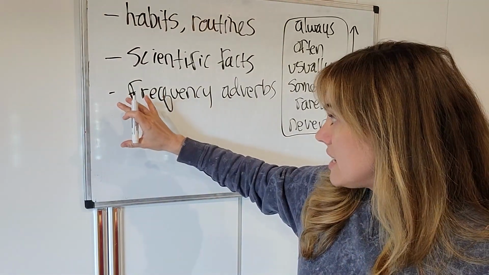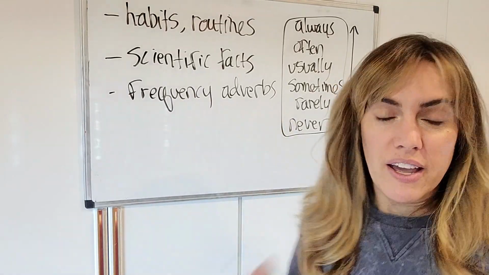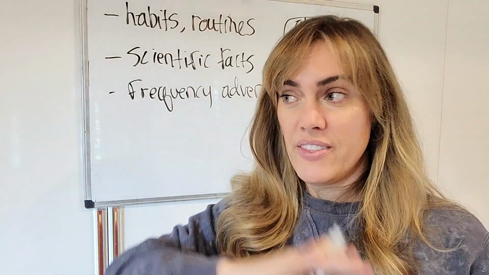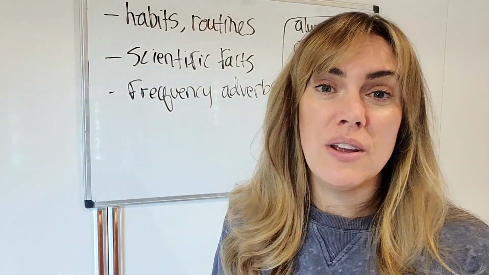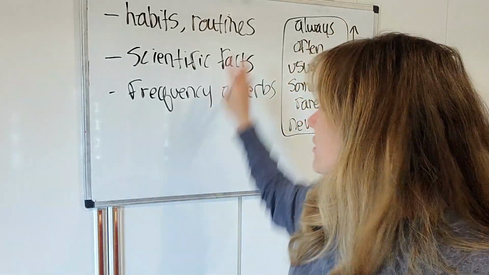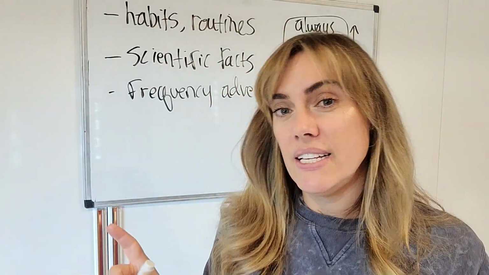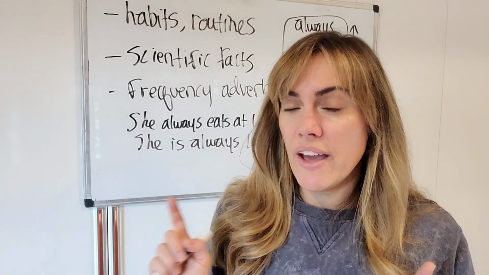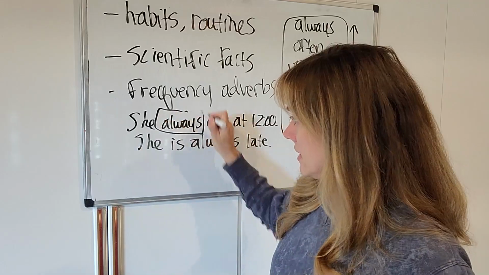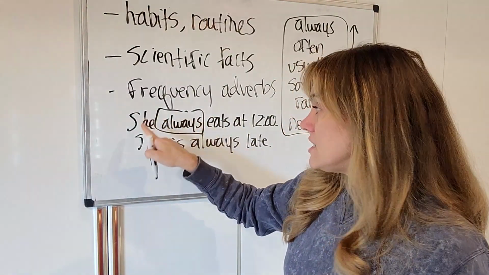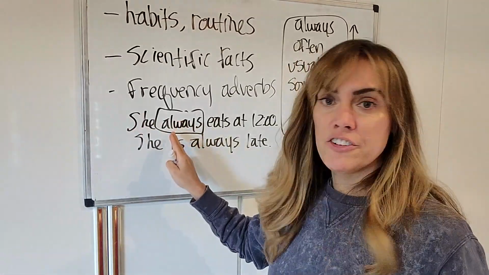Okay, and also about these words, the frequency adverbs, be careful with where you put them. I can do another video on that because that's a lot of information. But frequency adverbs can go in a lot of different places, but to make it easier for you, the easy way I think to remember is to put the frequency adverb right after the subject.